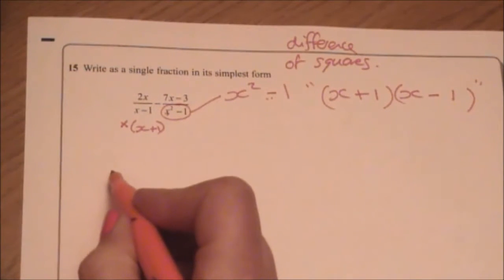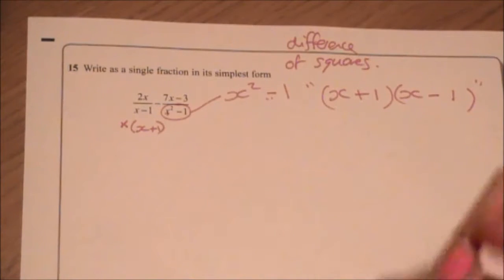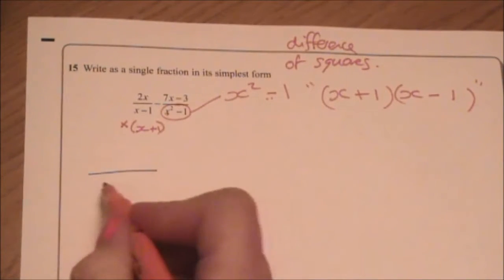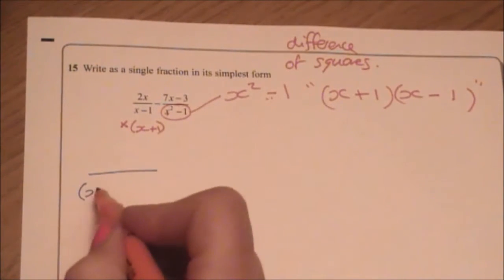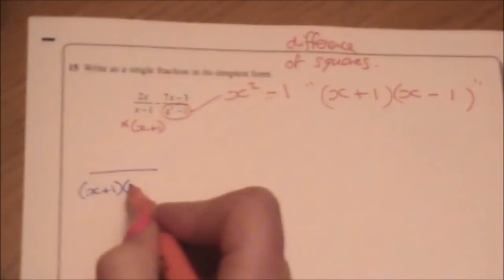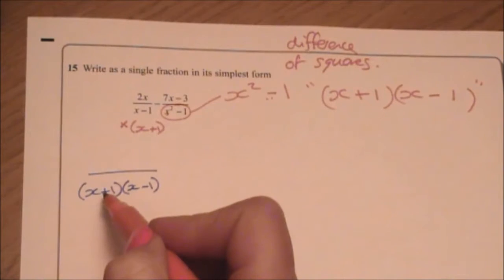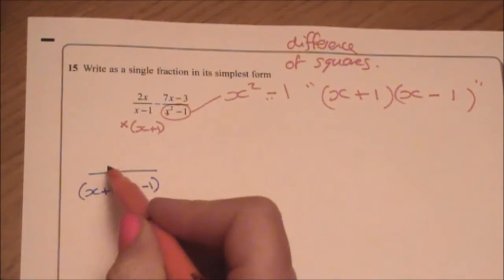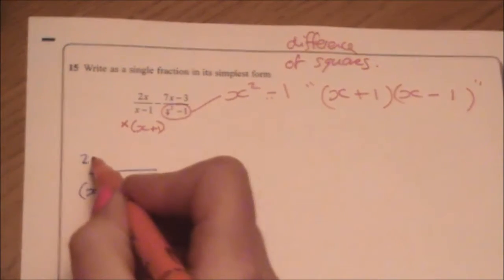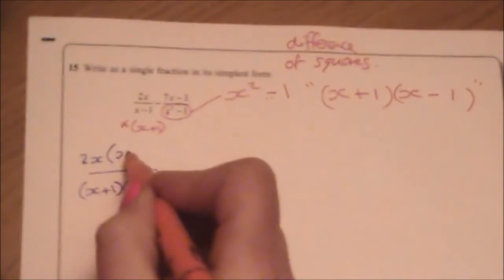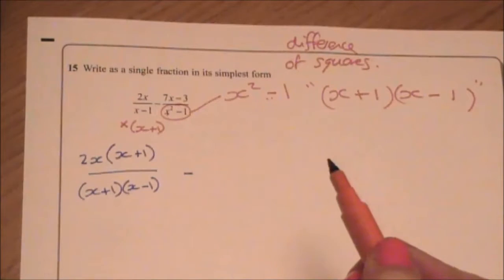So if I write it out here bigger, I'm going to have x plus 1, x minus 1. Because I've multiplied this side by x plus 1, I have to do the same to the top. So the 2x was already there, and I'm multiplying it now by x plus 1. So that's my first fraction dealt with.